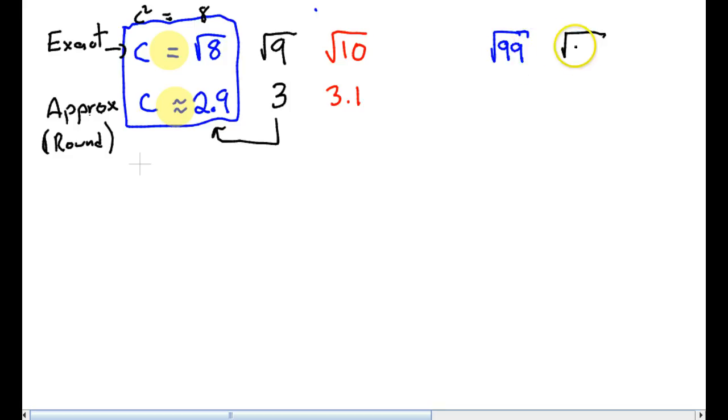Yes. Square root of 100 is 10, so square root of 99, right below 100, is probably about 9.9. Okay? This will speed up calculations, and this is where the real number sense comes into play.